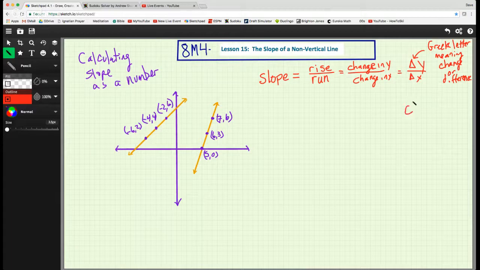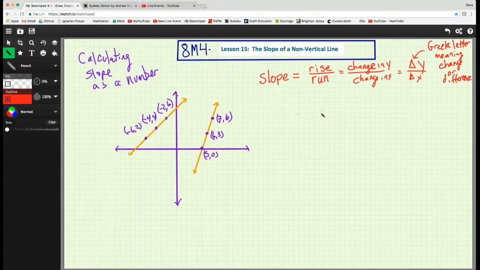So the change from 4 to 7 is the same thing as 7 minus 4, which is a difference. So change means difference. The change from 4 to 7 is 3. 7 minus 4 is 3. Same thing. Okay, so given this definition, rise over run basically means the same thing as the change in y over the change in x. And we'll see that here in a second.